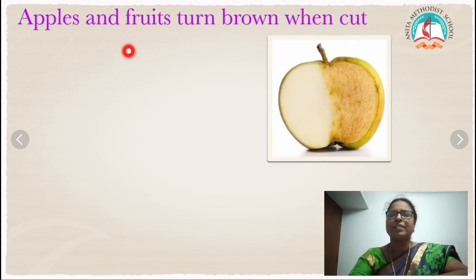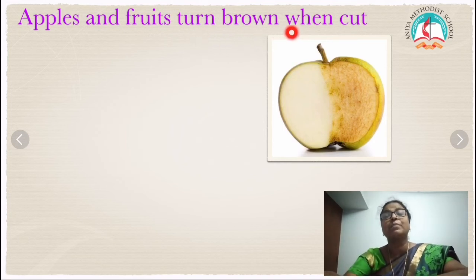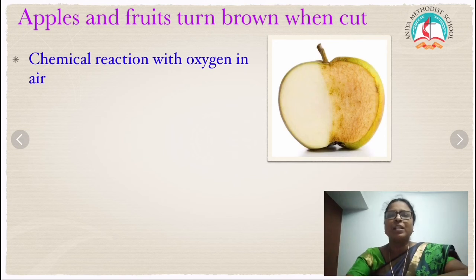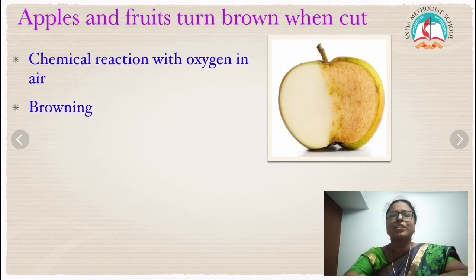The next one is apples and fruits turning brown when you cut them. Apples and fruits turn brown due to a chemical reaction with oxygen in the air. Okay, this chemical reaction is called browning.